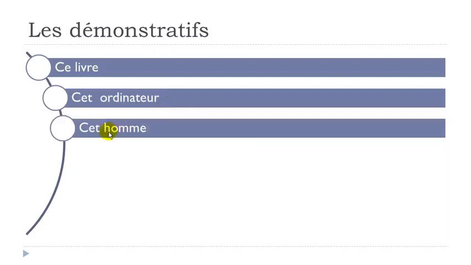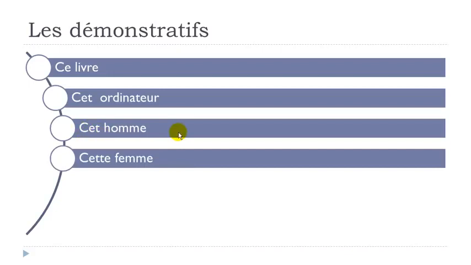Third possibility here, we've got homme, man, and we've got this letter H. Remember, H is not pronounced, so you've got the sound of O at the beginning of this word, cet homme. That's the reason why you will have to use cet, so it's masculine, but still cet homme.